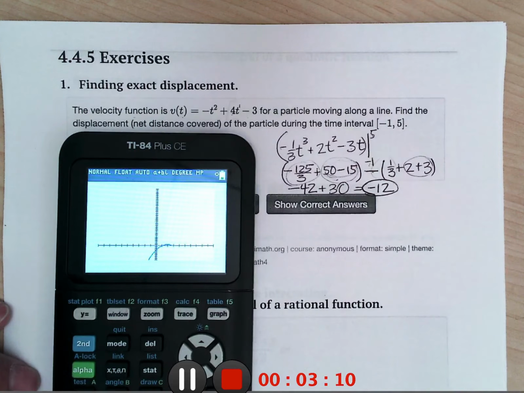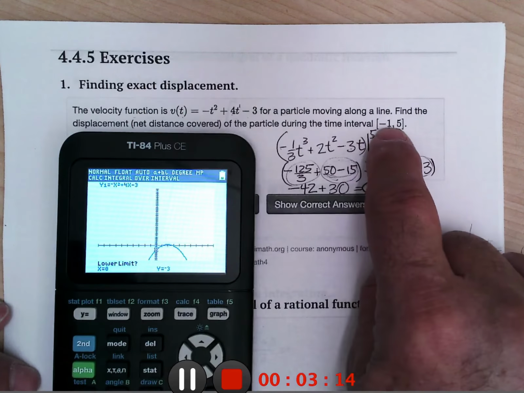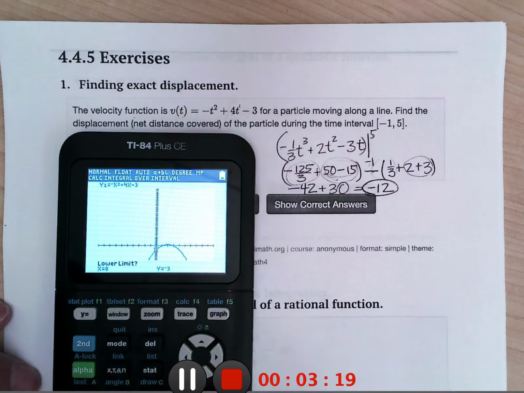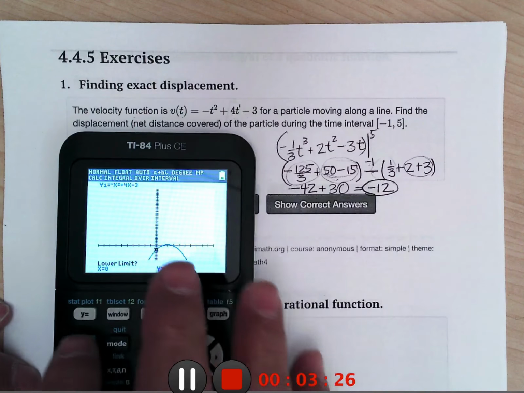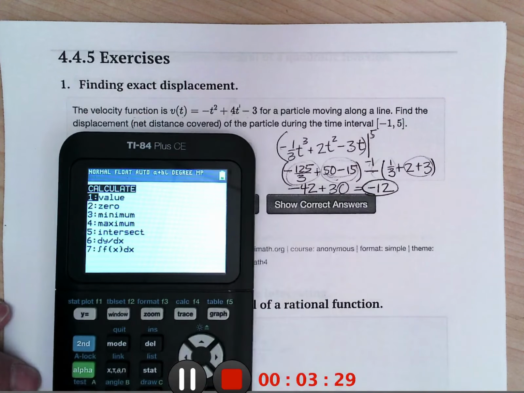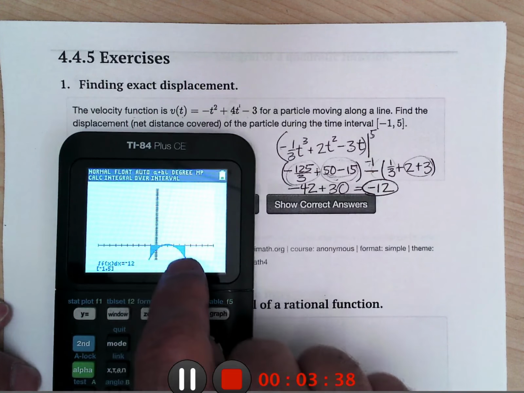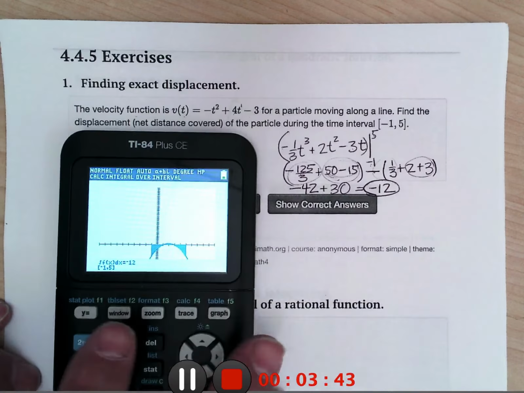And I want to find the area between -1 and 5. And -1 and 5 are on my screen. The graph might be off, but I don't need to see that. So second, calculate. Number 7 is the area between -1 and 5. And there was a negative, a little positive, and a negative, and that makes -12 total. And that's what it says. So that's the correct answer.